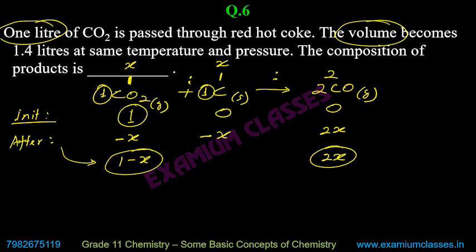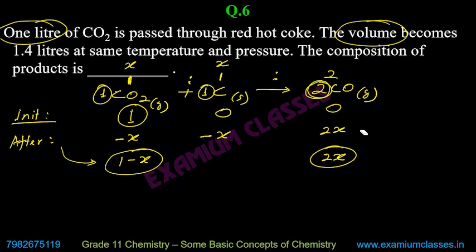So if X moles of carbon dioxide are consumed, X moles of carbon will be used. And here we have 2 moles as per the balanced reaction. So 2X will be produced. So why have I written minus here? Because reactants are consumed, so minus. Products are produced, that's why plus. Is that clear up to here? Or any confusion?